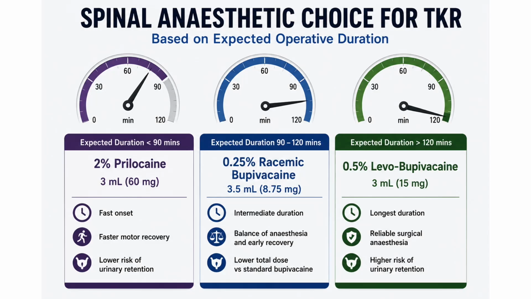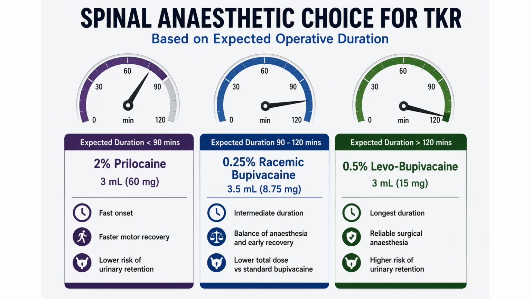But there's this in-between zone, and that's where a lot of our surgeons unfortunately sit, between 90 and 120 minutes. And we've had quite a lot of success using 0.25% racemic bupivacaine. I don't know why it has to be racemic, but apparently that's something that's been passed down through folklore. If you try with levo, you don't get as good effects, so probably levo is just slightly less potent.